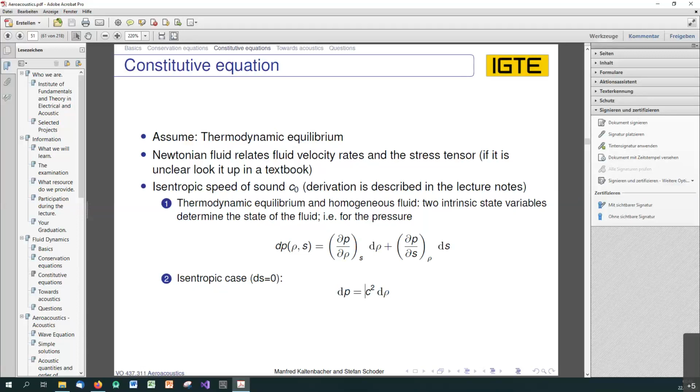If you're faced somewhere in the future with some different material laws, either just contact us or have a look at the slides and the basic concept of how you come up with that. Okay, then the next thing we will discuss is the Newtonian fluid.